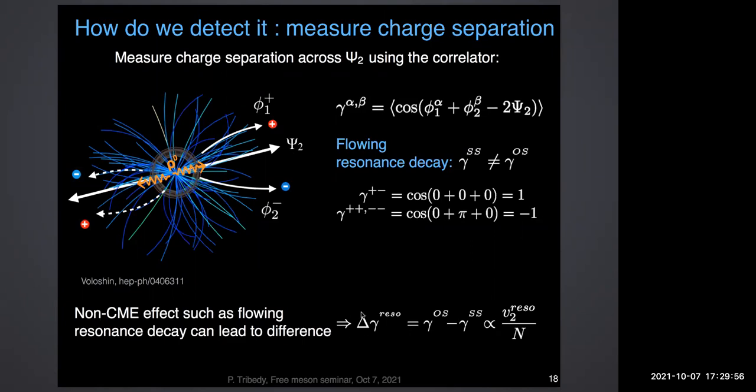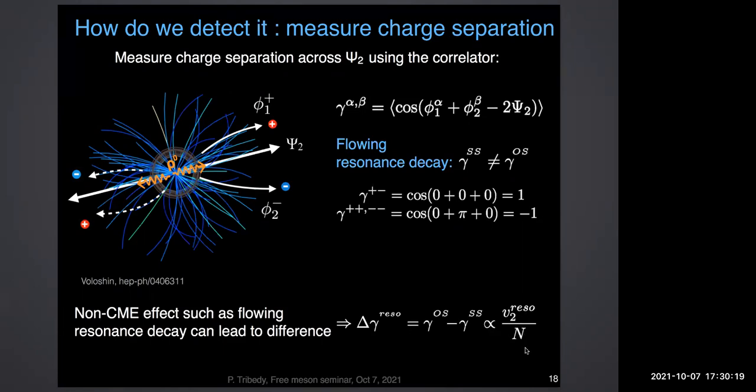to tell. So delta gamma, again the difference between opposite and same sign, is now related to a non-zero number, which is related to how elliptic this event is, meaning the probability of this rho meson to go along this psi 2, which is basically the v2 of the rho meson, and there is a 1 over n.